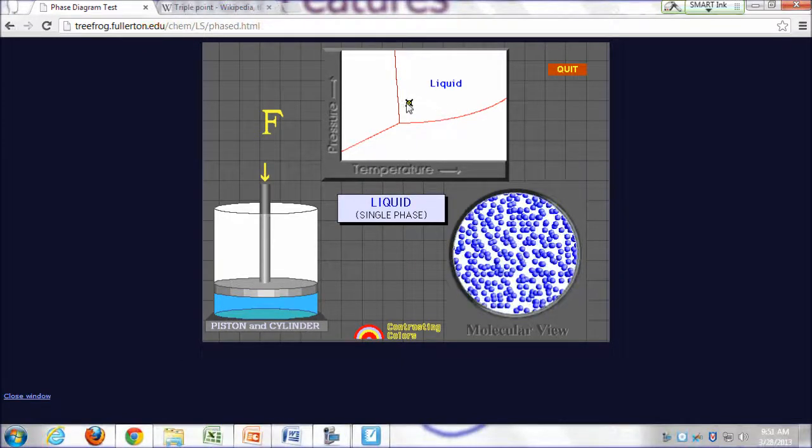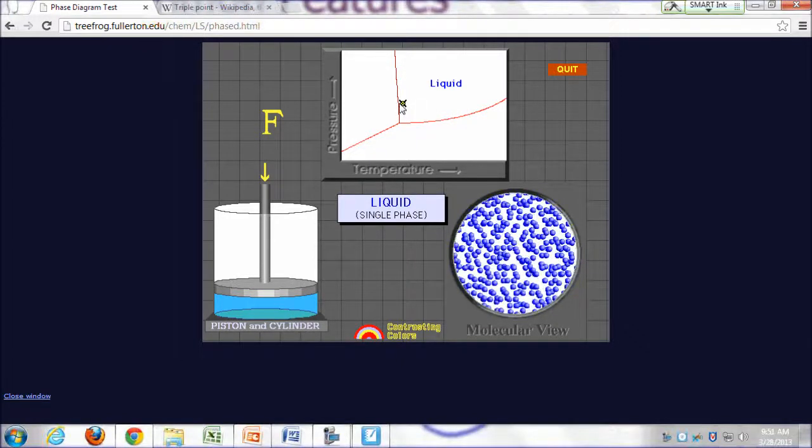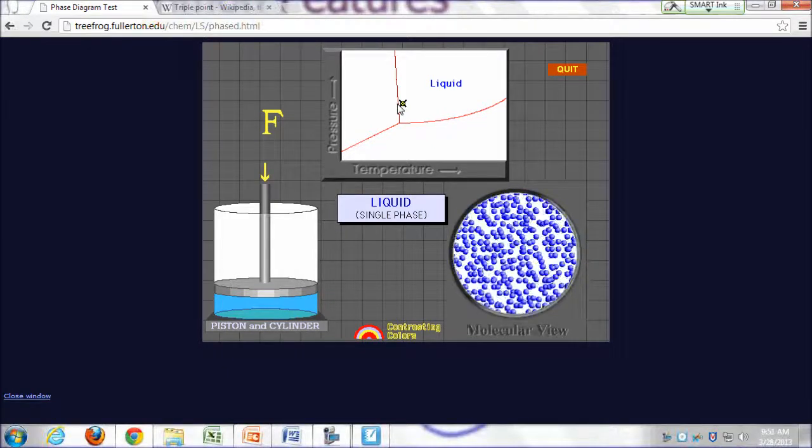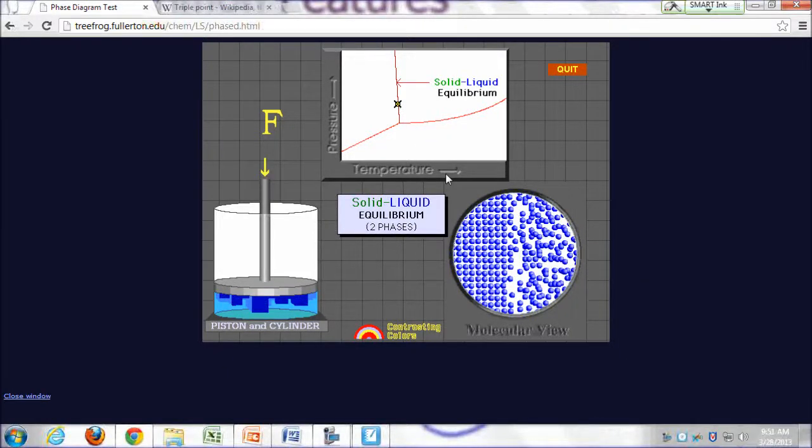Eventually, it cools down enough so that your liquid can turn into a solid. So you get to a point where you have solid and liquid at equilibrium. You've reached the freezing point of your liquid. If this was 1 atmosphere, then that temperature right there would be the melting point or the freezing point of your substance.